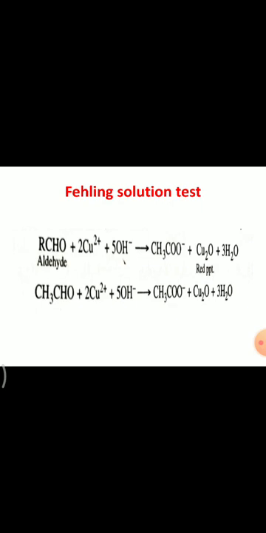Methyl ketones and acetaldehyde give this haloform test, and the formation of haloform, generally a yellow precipitate, indicates the presence of acetaldehyde or a methyl ketone in the given compound.